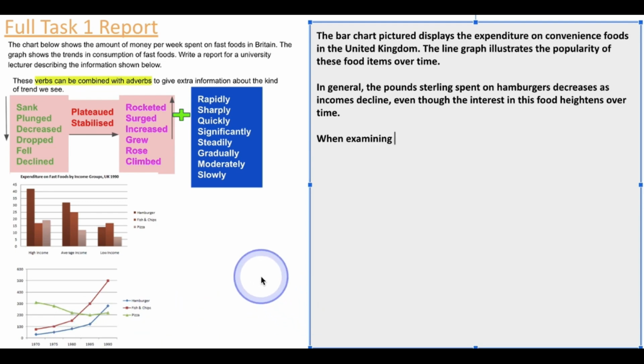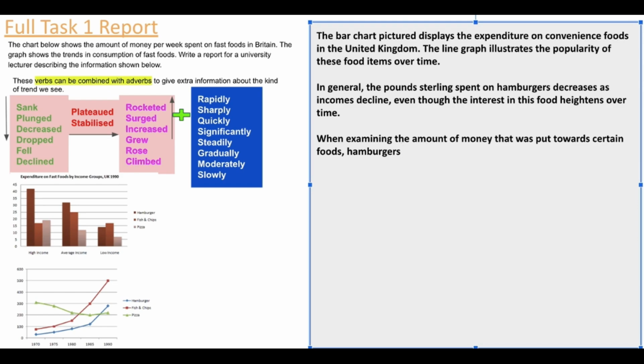So when examining the amount of money that was put towards certain foods, hamburgers are the most common with high income individuals, maybe.